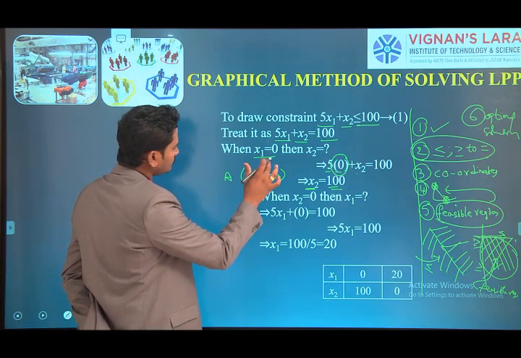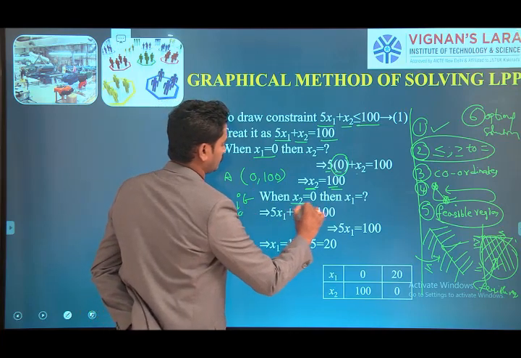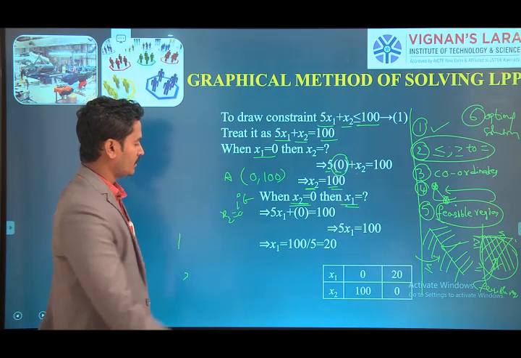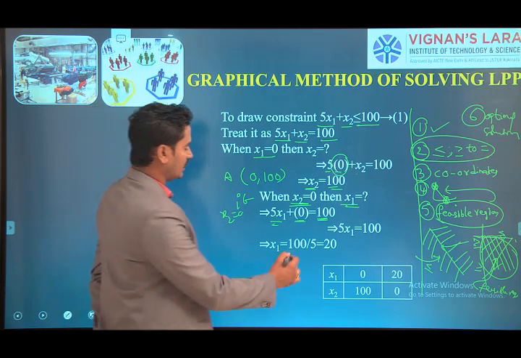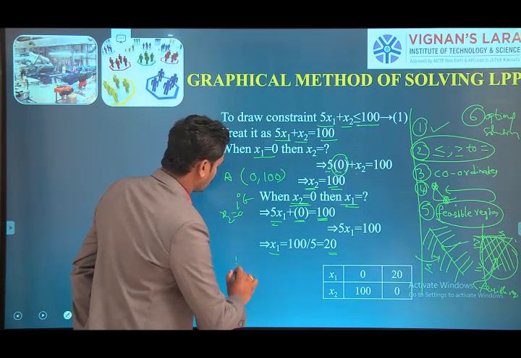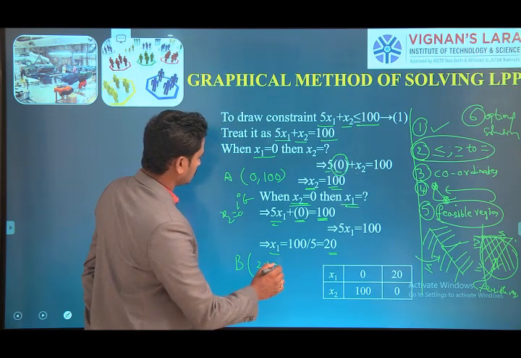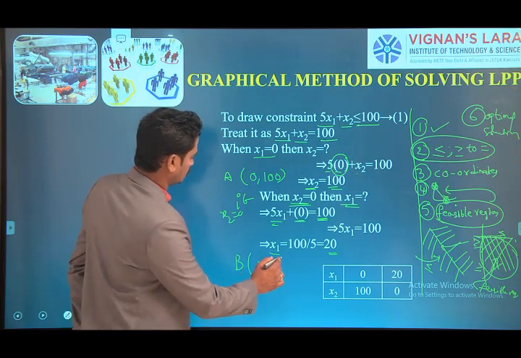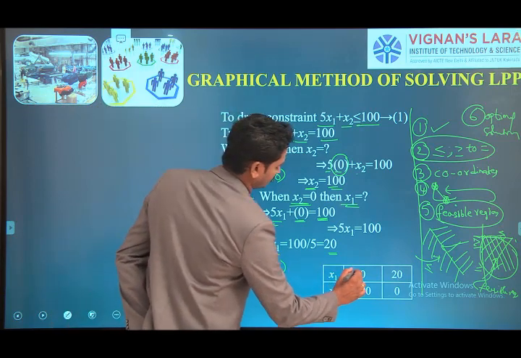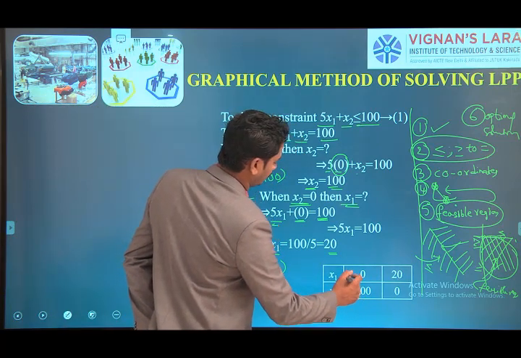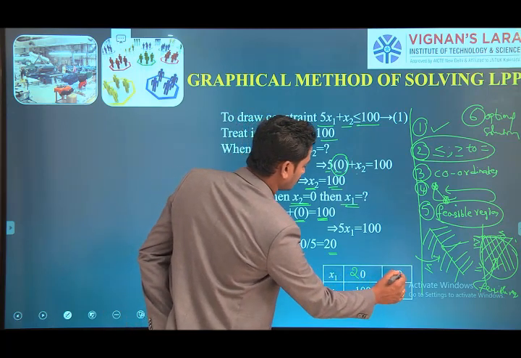Okay, next. If we assume x2 is equal to 0, then we get the x1 value: 5x1 plus 0 is equal to 100. From this we get x1 is equal to 20. The B coordinate is 20, 0.